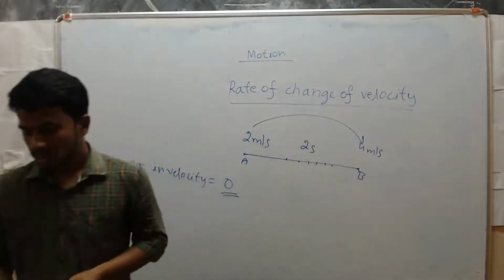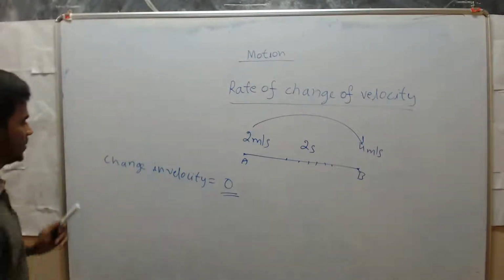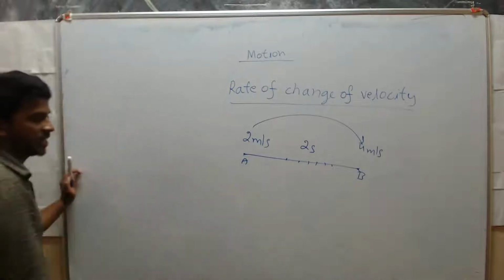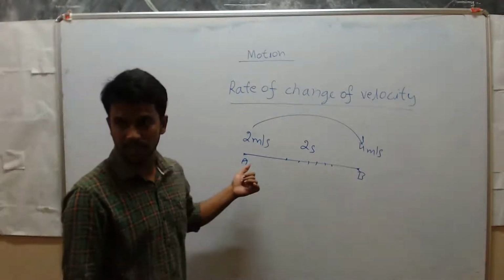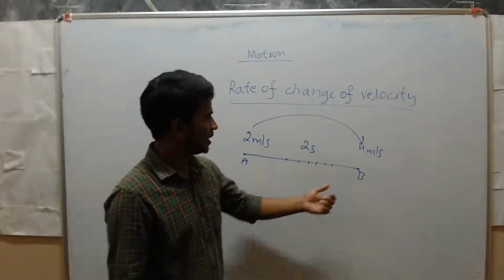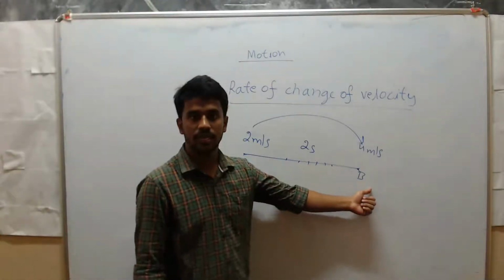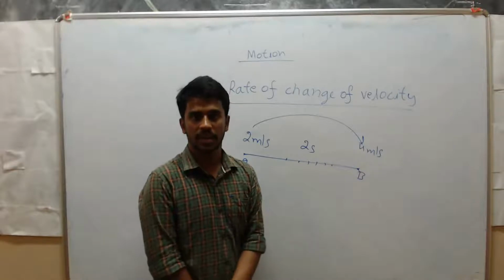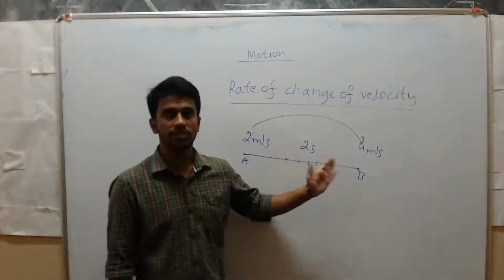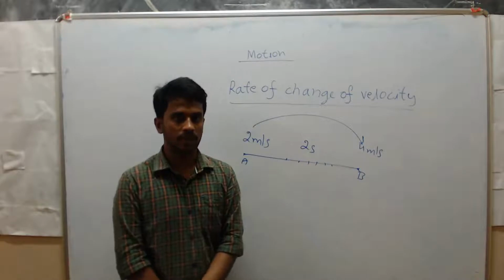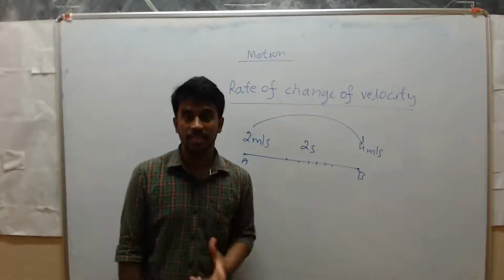Here we can clearly say that the object changed its velocity. Initially the velocity of that object is 2 meter per second, and at this point it is 4 meter per second. Now how do we calculate that change in velocity?